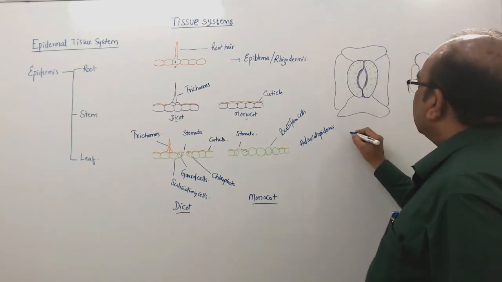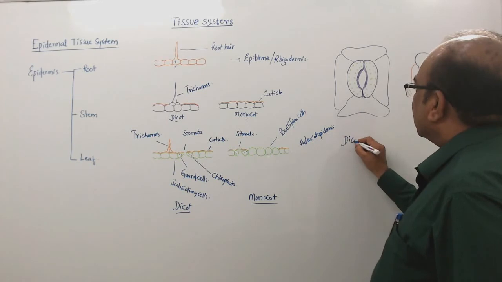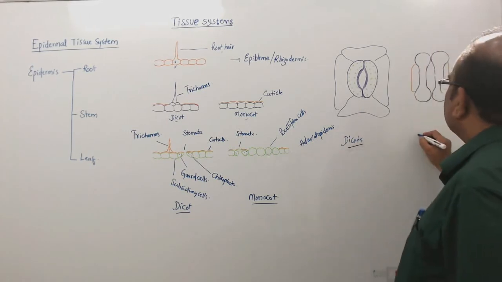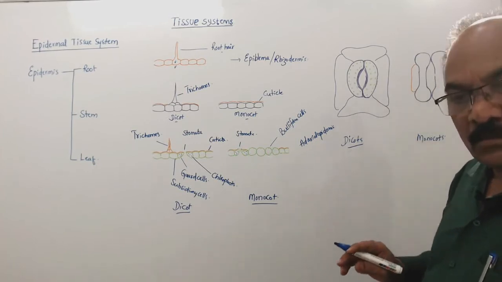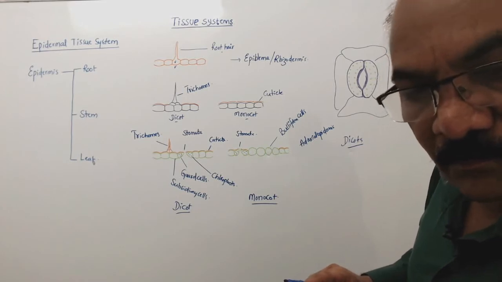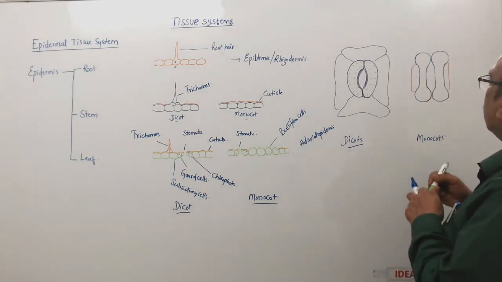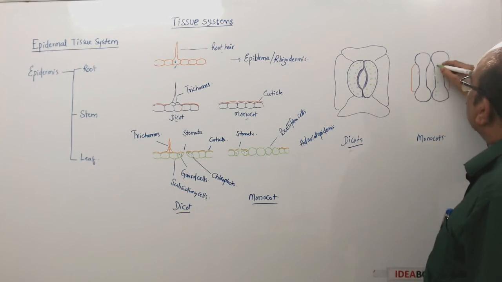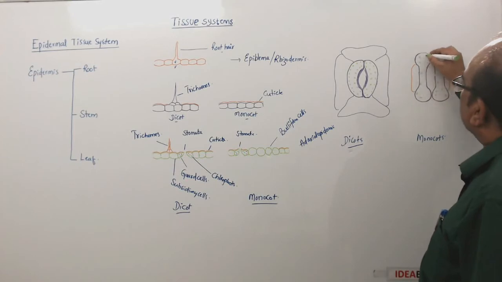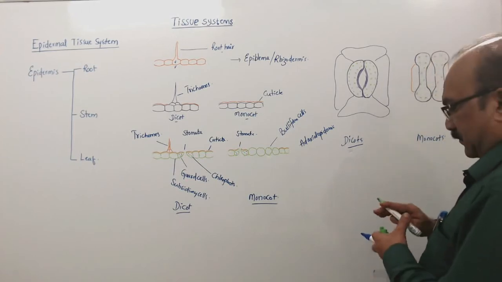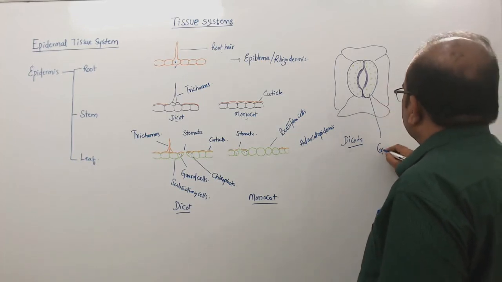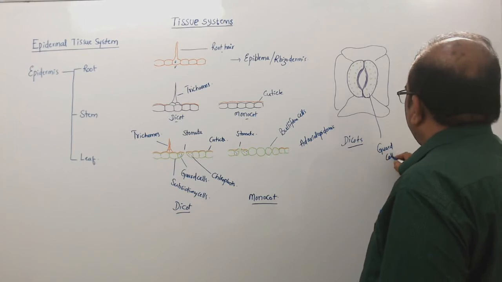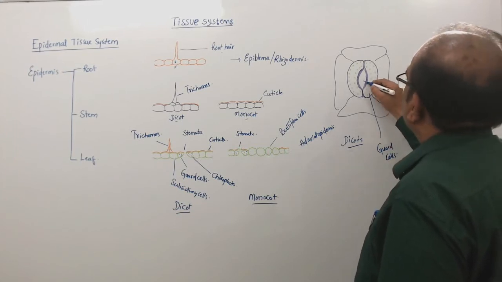So this is stomata in dicots, and this is in monocots. Here also I had to put some dots. So these are guard cells, and this pore is called stoma.